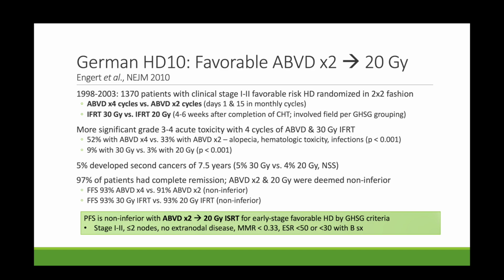In terms of the outcomes, 97% of the patients had complete remission of disease, and the regimen of ABVD for 2 cycles followed by 20 gray were deemed non-inferior to any of the more intense options. So when they first compared the 4 cycles of ABVD versus 2 cycles, the failure-free survival was 93% versus 91%, and ABVD times 2 was non-inferior.